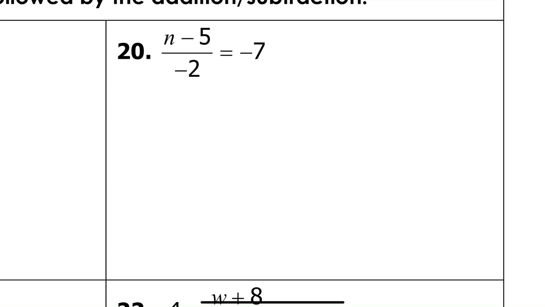So to get rid of that -2, I'm going to multiply by -2 on both sides. Now all that's going to do is cancel these 2 out to leave us with a 1. And what's left over on top, so that's going to be n minus 5 equals -7 times -2. A negative times a negative will be a positive number, so that'll be 14.